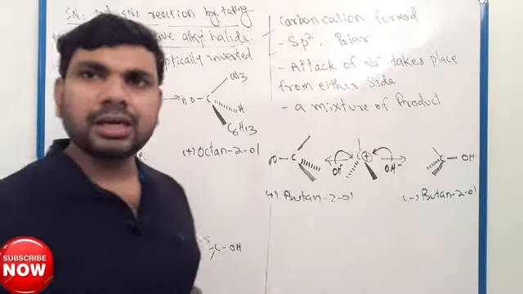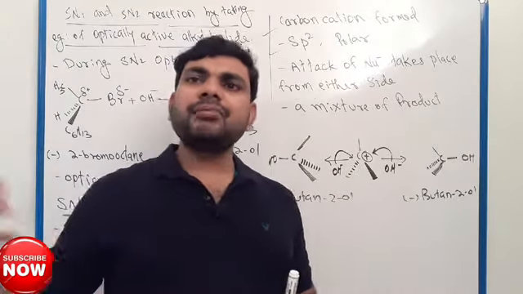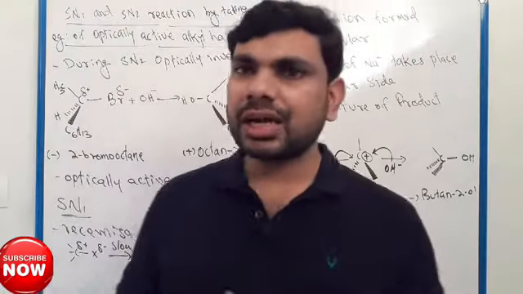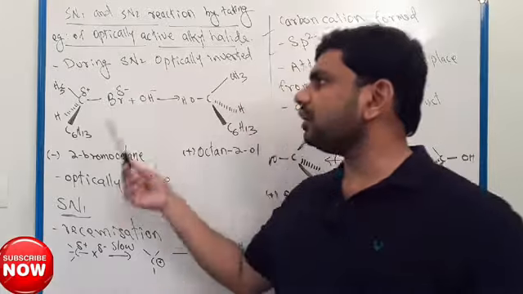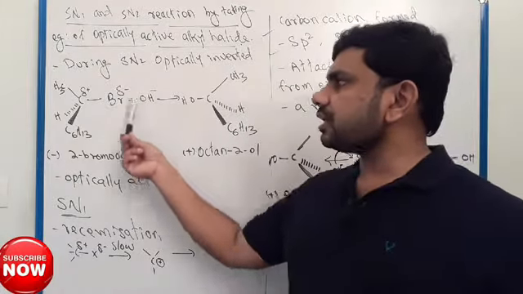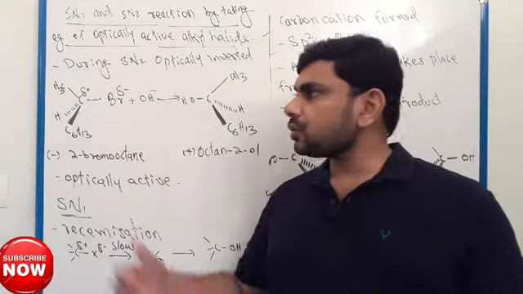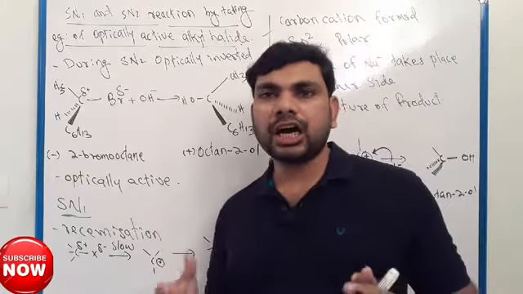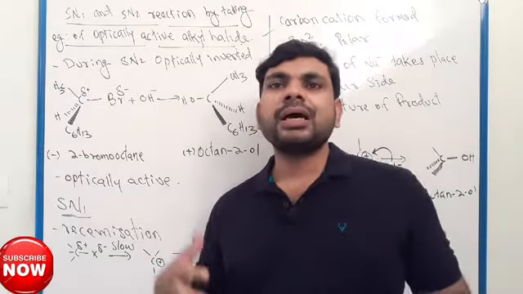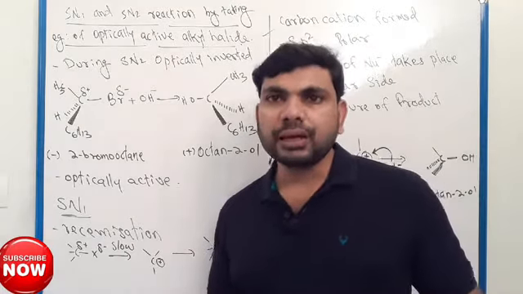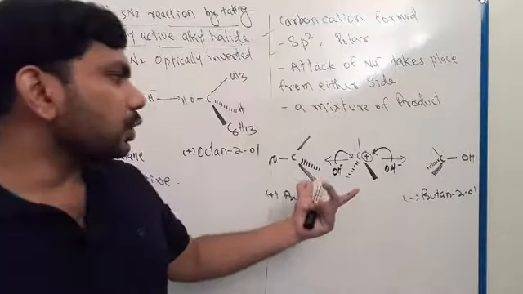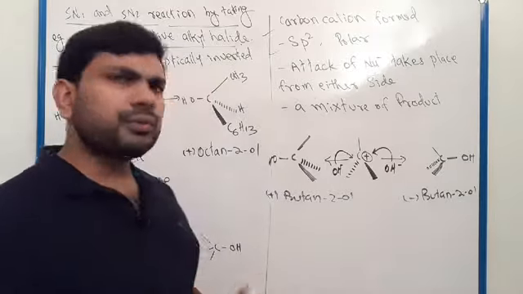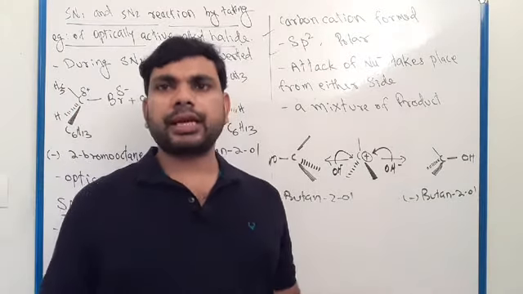In the previous case, the SN2 reaction, attack of the nucleophile was possible in only one direction. The right-hand side was not possible, because the negatively charged halogen repels the negatively charged nucleophile. But in this case there is no such repulsion, so attack of the nucleophile is possible from two directions.